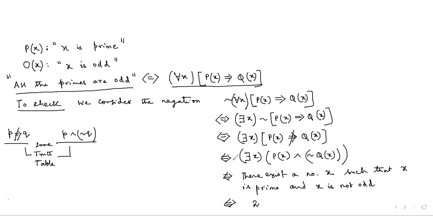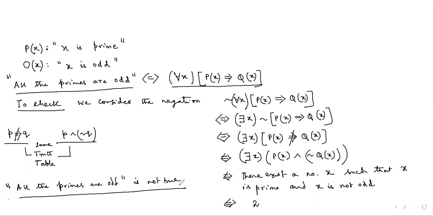So from this argument, we have come to know that all the primes are odd is not true. So this statement is not a valid statement. I hope that you have understood this particular part.